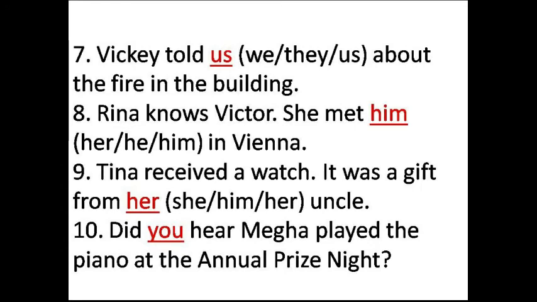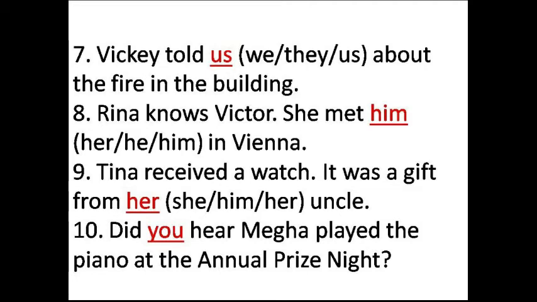Seventh, Vicky told dash about the fire in the building. We will use here us because us is an object pronoun. Number 8. Reena knows Victor. She met dash in Vienna. We will use here him. Why? Because him is an object pronoun. 9th.